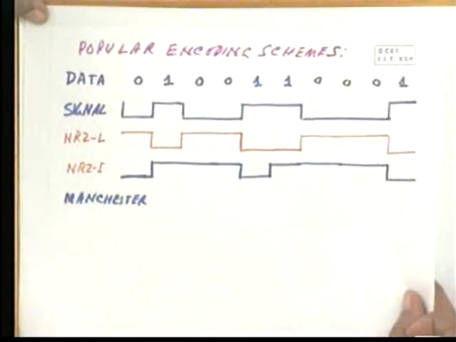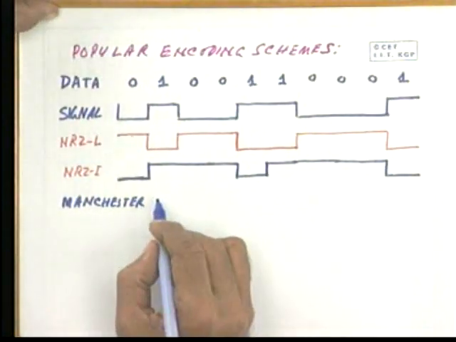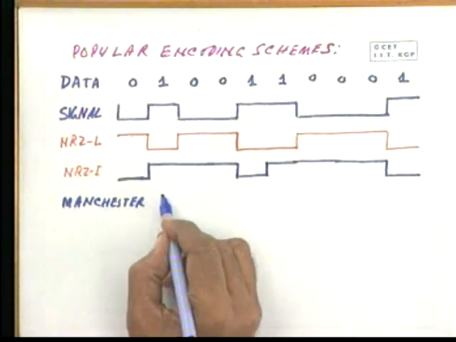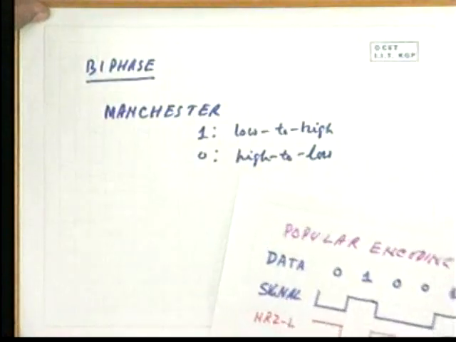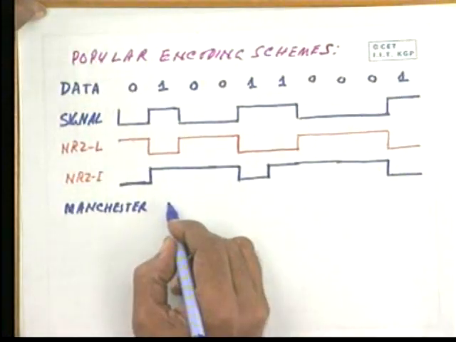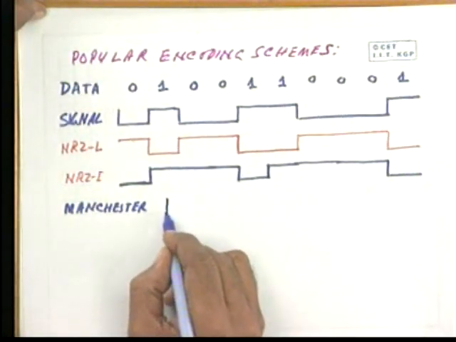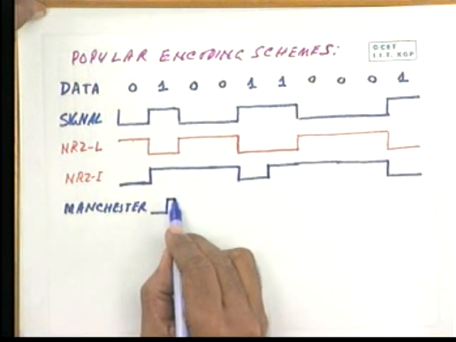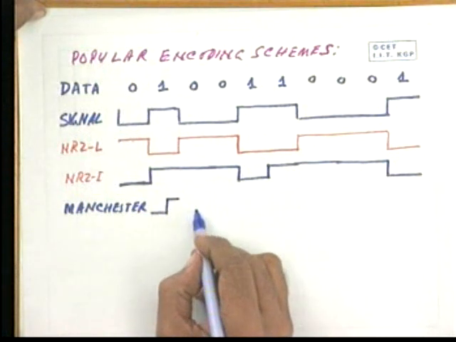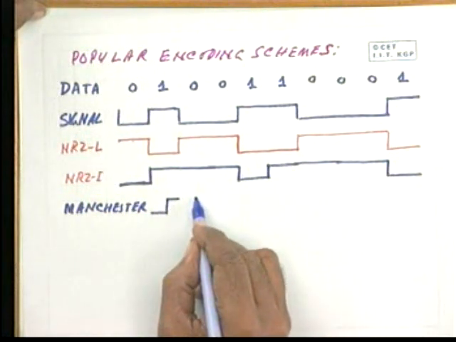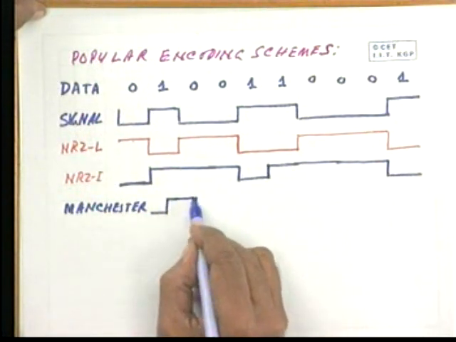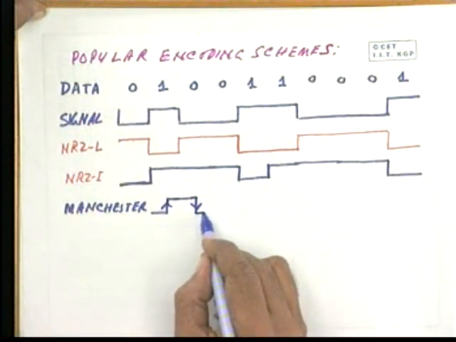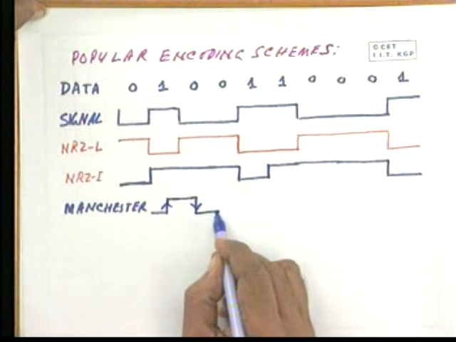So on this diagram it will look like this. For this one there will be a transition, as I said, from low to high. And for 0 there will be a transition from high to low. That means here, for there is another 0.